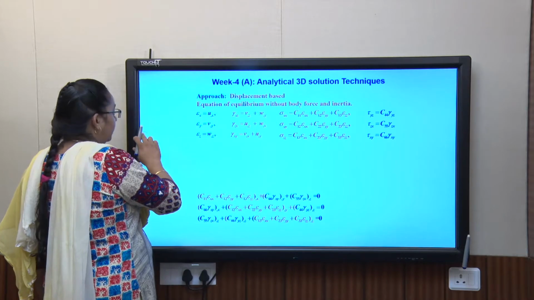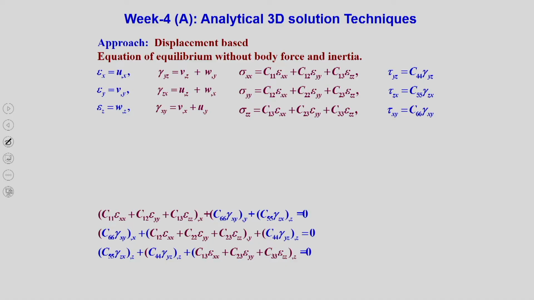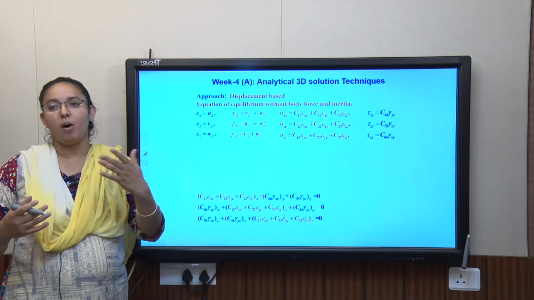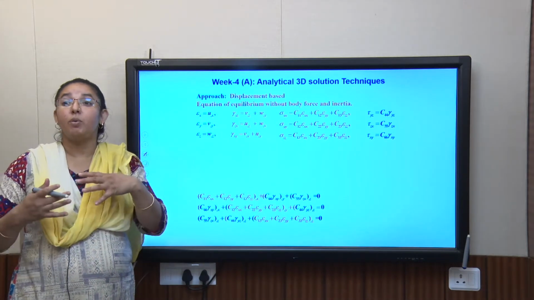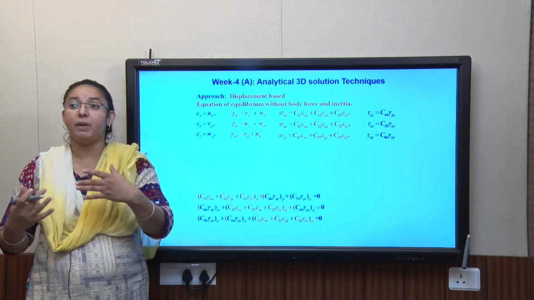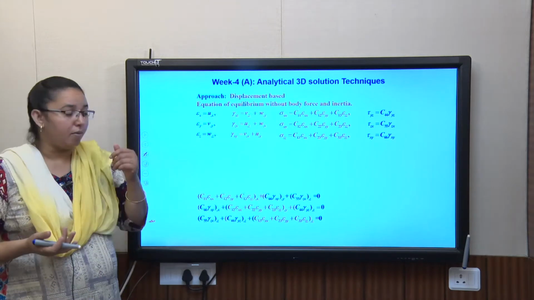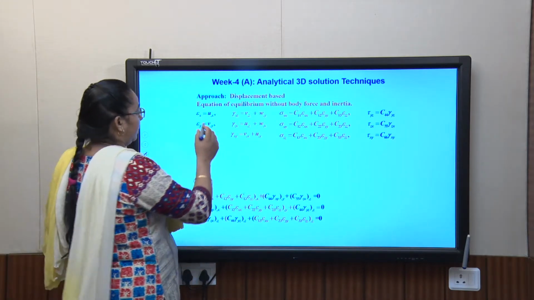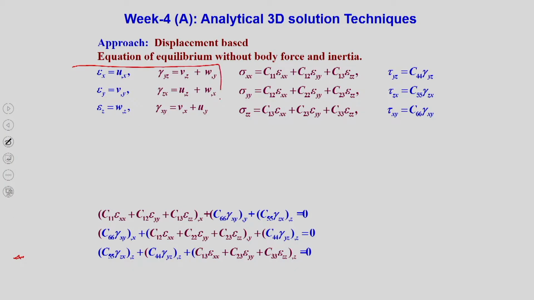Based on the displacement based approach, what do you require? Like, if you want to make some box or some bench, what are the tools or materials required? Similarly, for developing the 3-dimensional solutions, you require strain displacement relations in that coordinate. Why am I saying this? Let us say you are developing a 3-dimensional solution for a rectangular plate.